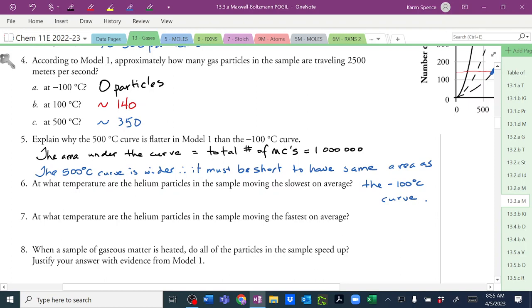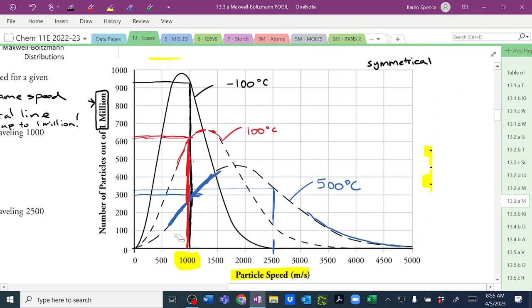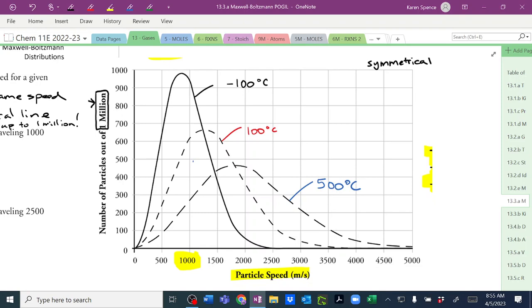At what temperature are the helium particles in the sample moving the slowest, on average? Okay, I'm going to erase all the nonsense that I've drawn on here so you can see the curves again. At what temperature, on average, are the helium molecules moving the slowest?